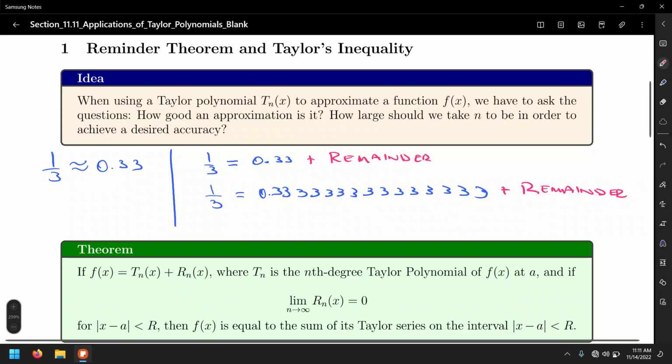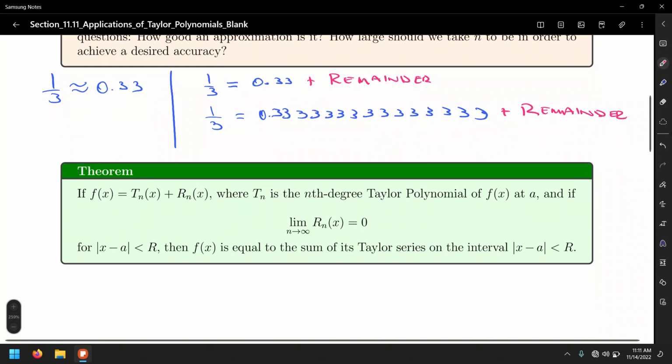Adding more degree terms to our approximation improves the approximation and makes the gap between the actual value and the approximated value smaller, pretty much overlapping the two values. For example, you might remember the picture with the expansion for the exponential function. Let me actually get into the theorem first, and then we discuss that part.